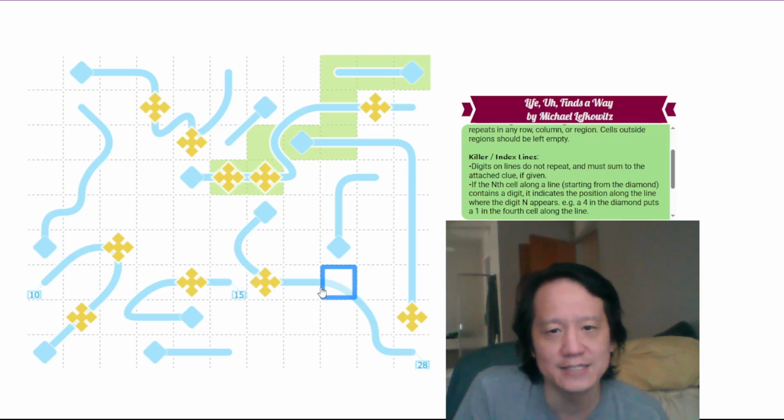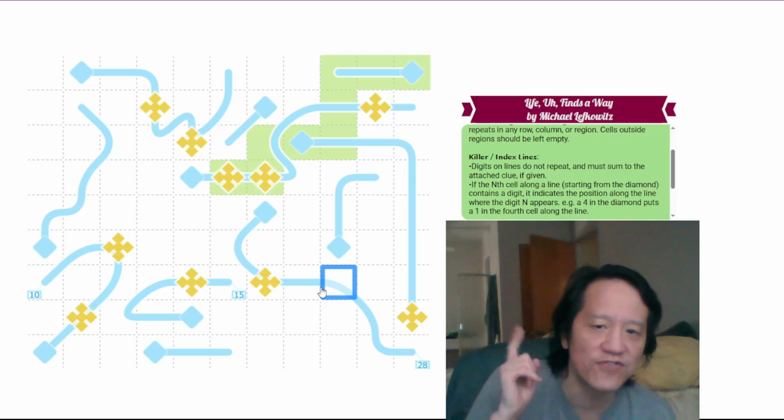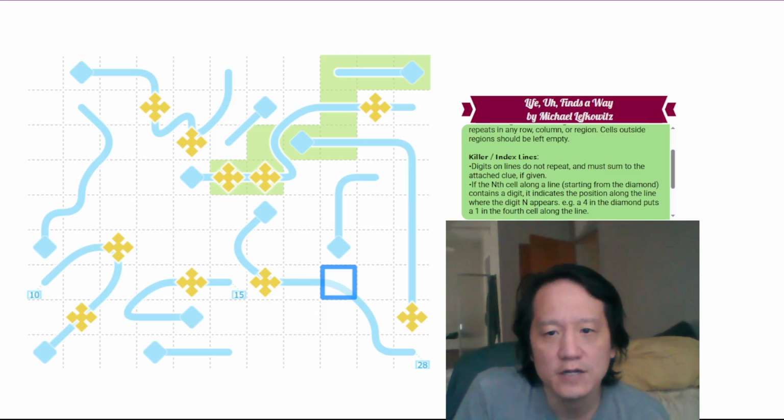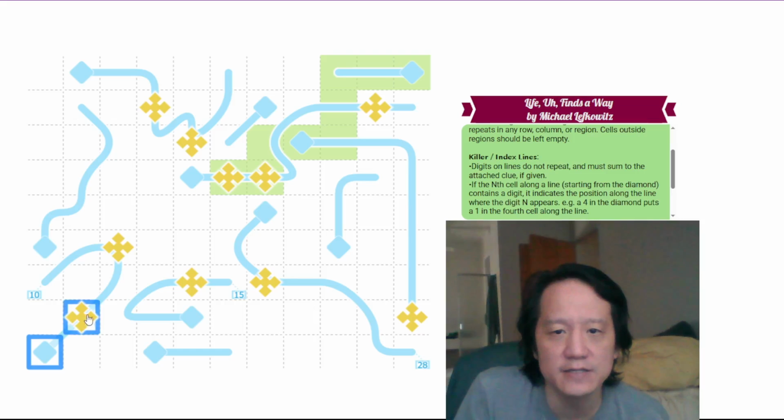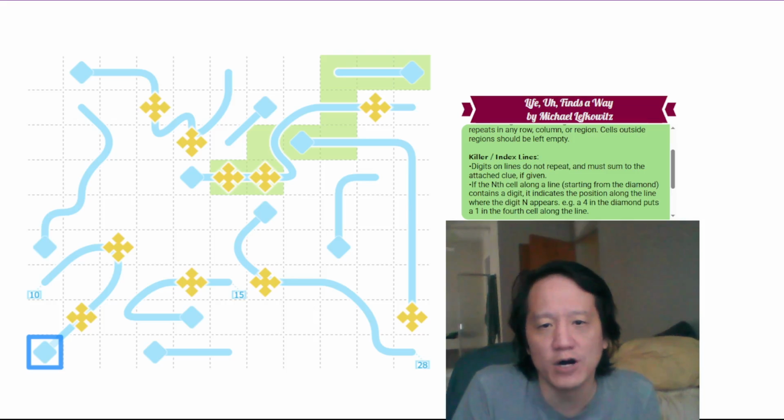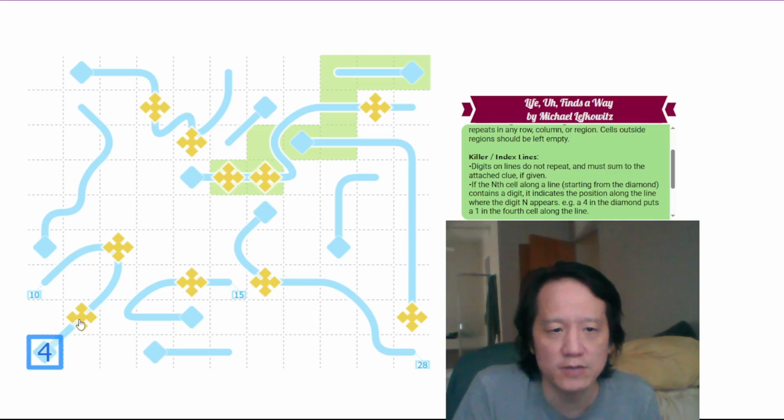Also, for the index lines, if the nth cell along a line, starting from the diamond, contains a digit, it indicates the position along the line where the digit n appears. For example, a 4 on the diamond puts a 1 in the fourth cell along the line. So, for example, if this were a 4, that would say 1, 2, 3, fourth cell must be a 1.